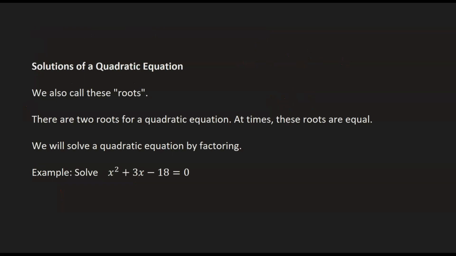Next, we will look at finding solutions to quadratic equations, and we call these roots. There are 2 roots for a quadratic equation, and at times these roots are equal. That's fine, but there will be 2 roots. We will solve a quadratic equation by factoring.